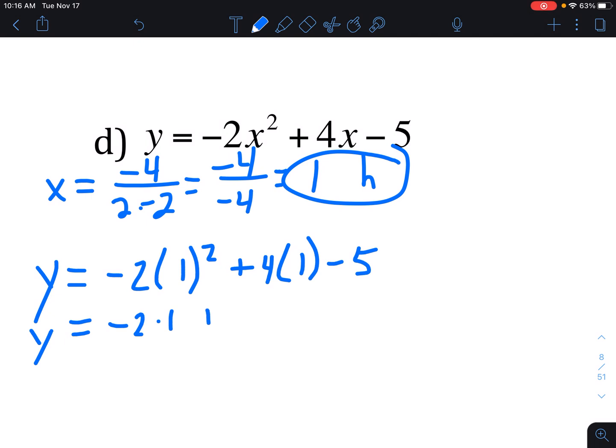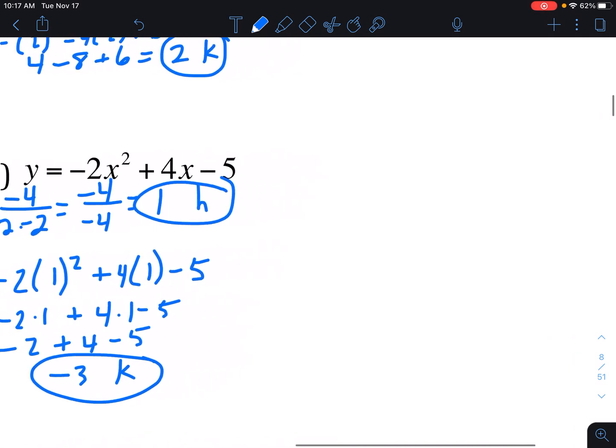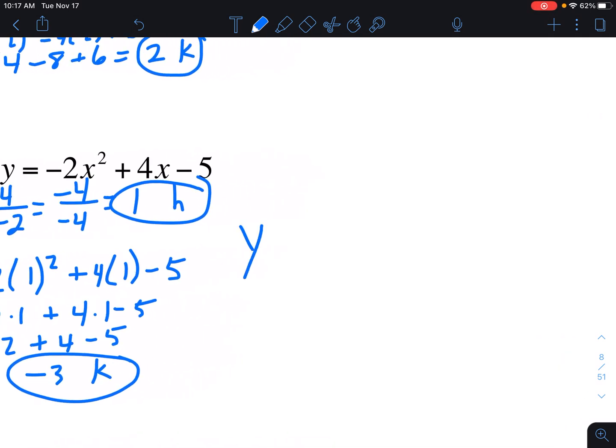I'm going to multiply the exponent. And that negative 3 will be my k. So now I'm ready to go to my formula. Y equals a. Notice it's the a back here. I use it again for both forms. Parentheses, x minus h squared plus k will be that minus 3.